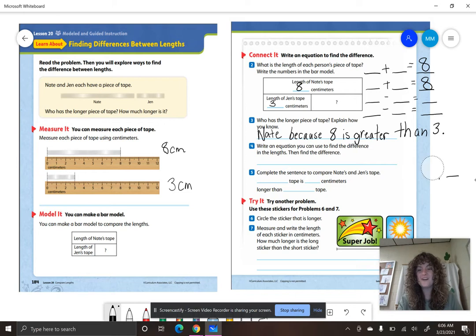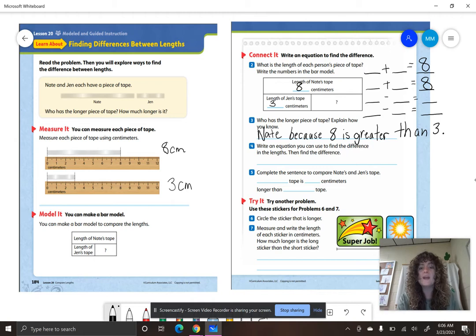All right, so we know that 8 is our whole. We are comparing Nate's length of tape. He has the greater number. We are comparing Nate's tape to Jen's tape. We are finding what is different. We know that they both have 3 centimeters because there is a group of 3 in the number 8. But how much longer is Nate's tape than Jen's tape?